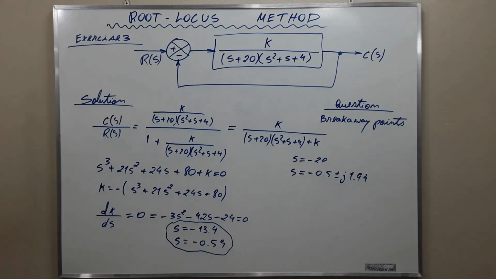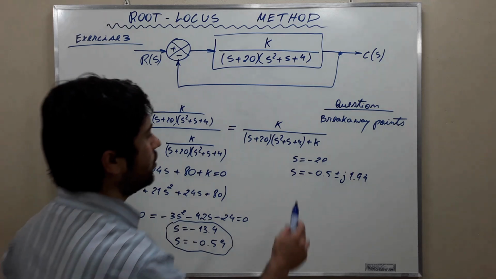We're going to choose a test point. For any test point S on the real axis, the sum of the angular contributions of a pair of complex conjugate poles is 360 degrees. Thus, the location of the root locus is determined by the other pole, that is s equal to minus 20.